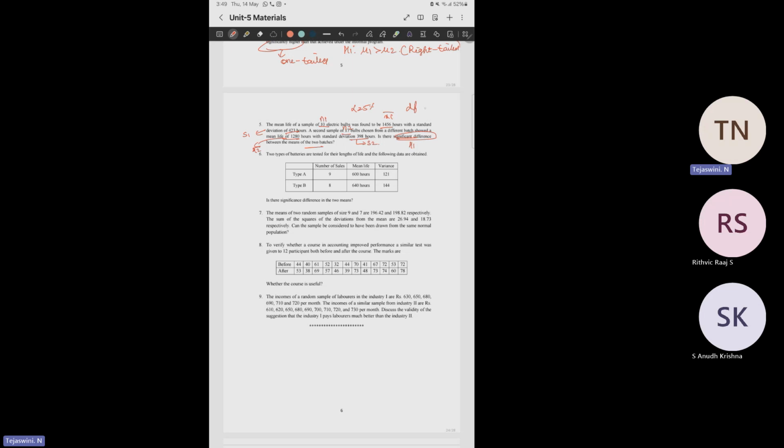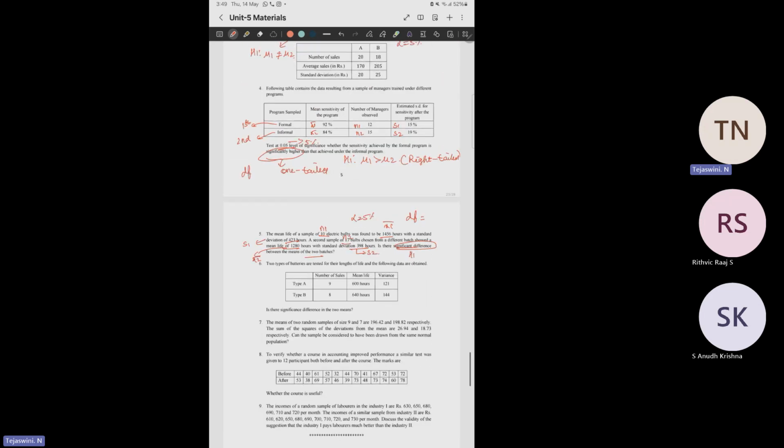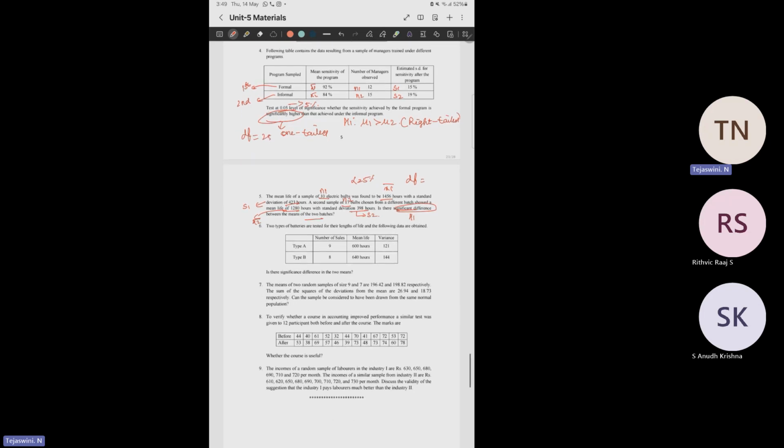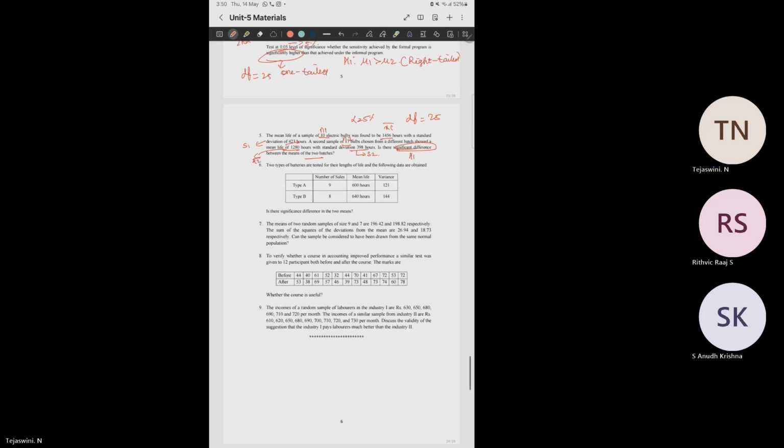Degree of freedom here will be the same 25, because 10 plus 17 minus 2, and then from this we'll have to check if there is any significant difference. So our alternative hypothesis will be mu1 is not equal to mu2. So two-tailed test.